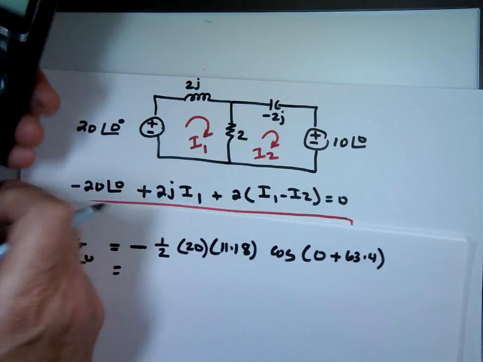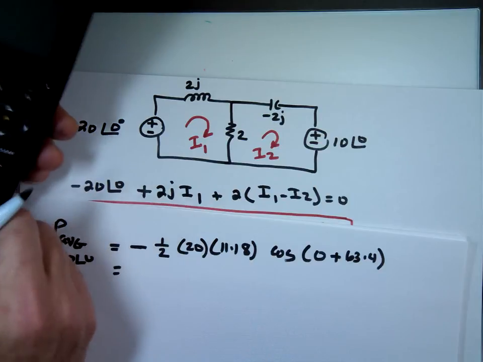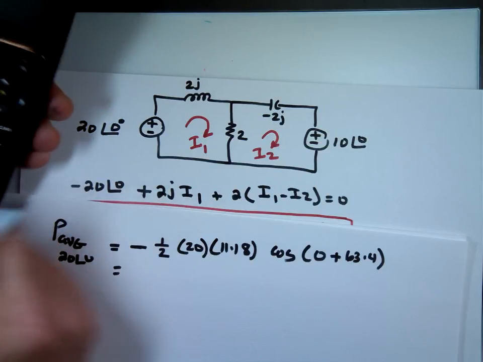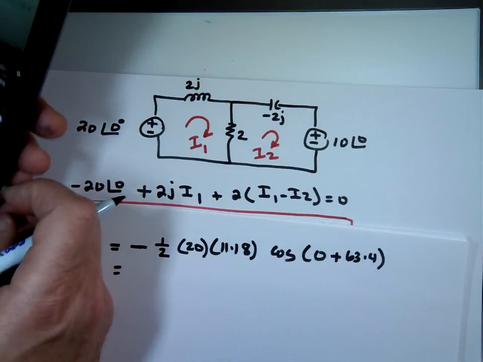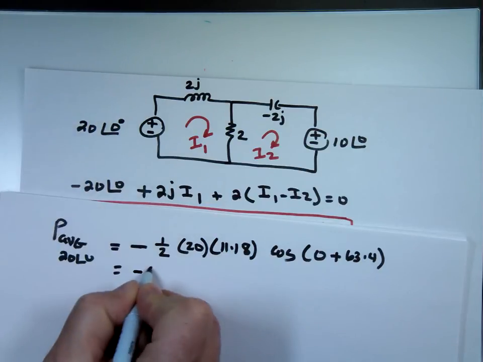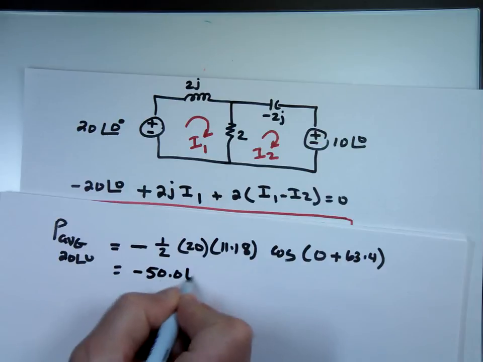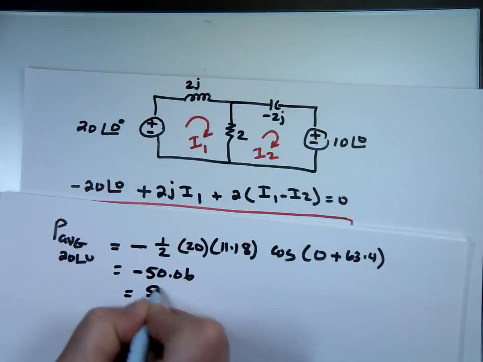Times cosine 63.4, I get -50.06. I'll just say -50. Negative means supplied.